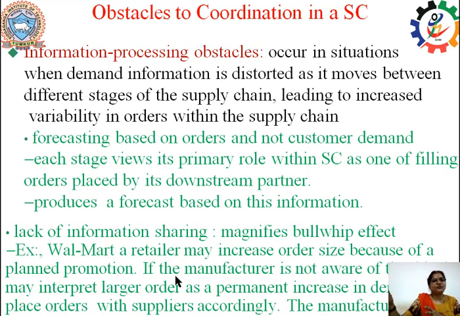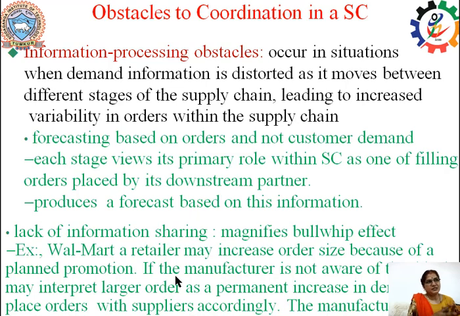So each stage visualizes that its primary role is to fill the order placed by its downstream partner. What actually goes on at the point of sale, they never bother. So this leads to information processing obstacle. This lack of information sharing will magnify the bullwhip effect.